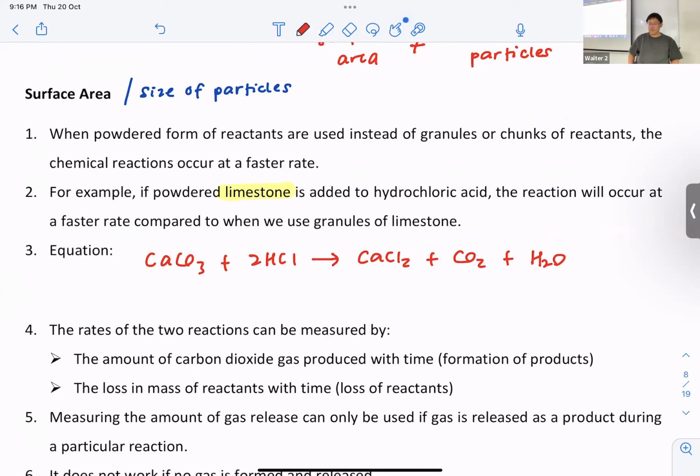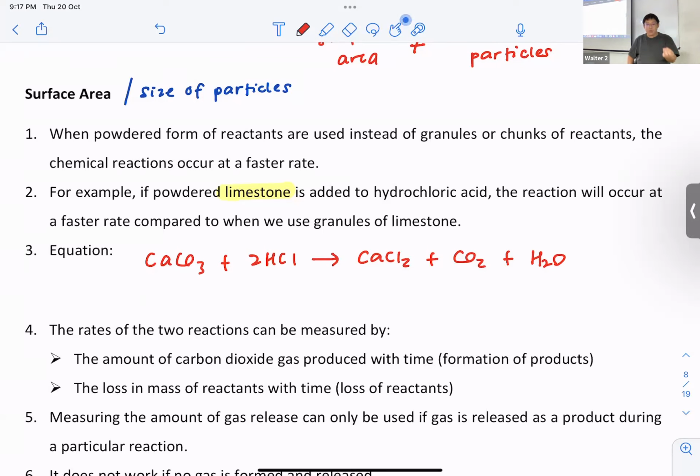Now, if you were to dissolve chunks of salt or powdered salt, which one dissolves faster? Powdered salt, correct, right? If you were to use cubes of sugar or granules of sugar, which one dissolves faster? Yeah, granules. Between granules and powder? Powder. Okay, so you understand, right?